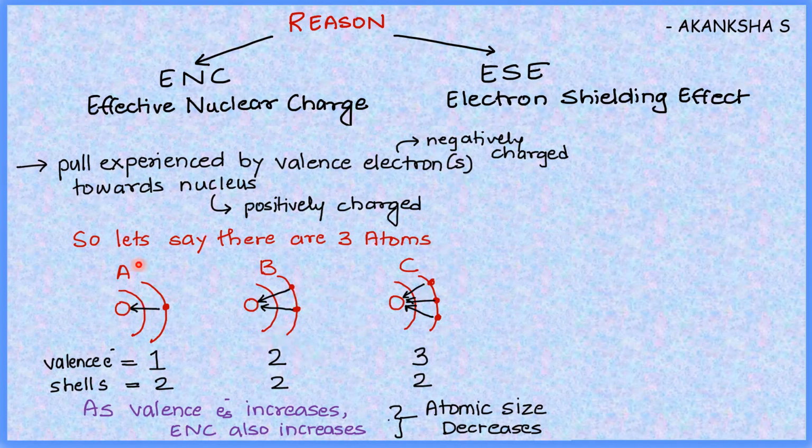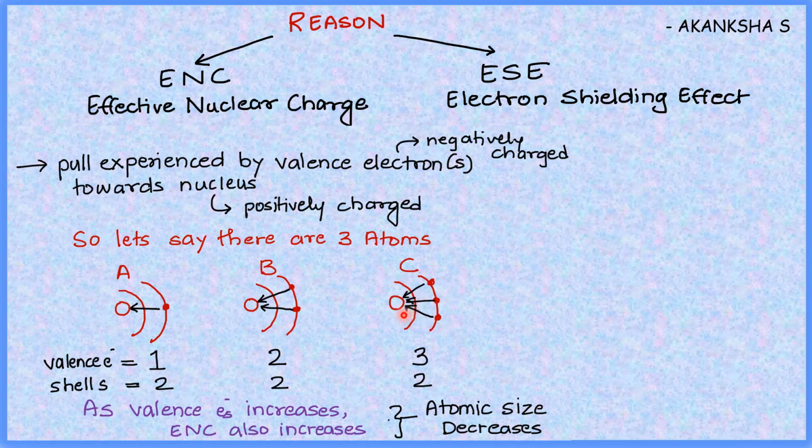Now look at A. Effective nuclear charge is the pull experienced by the valence electron or electrons towards the nucleus. So this one particular electron is being pulled towards the nucleus in A. In B, there are two individual electrons pulled towards the nucleus, right? And in C, there are three individual electrons being pulled towards the nucleus.